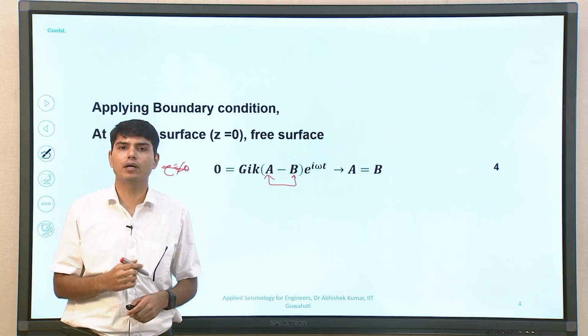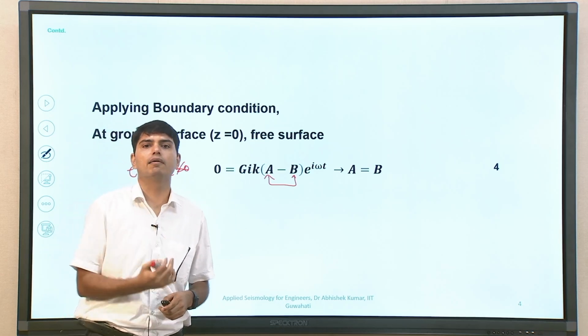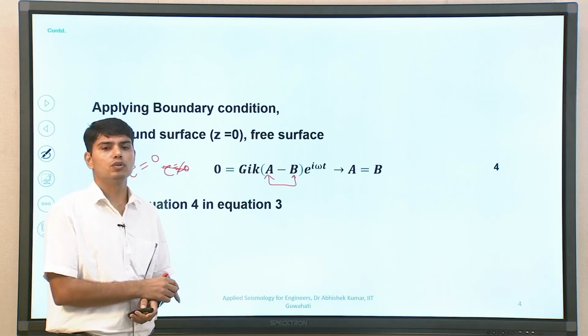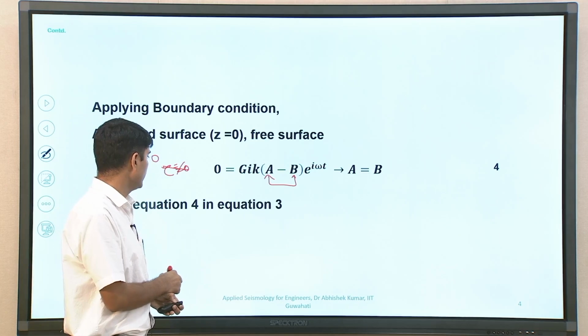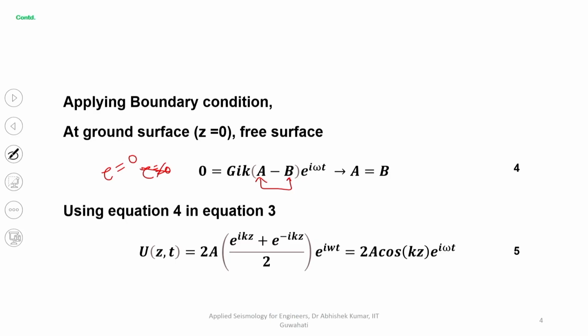When these two things are equal, you can put this in the equation of motion. Using this in equation number 3, you will get that equation which was defining the displacement at any space and time, u(z,t) equals to 2 times A, because now A and B are equal.